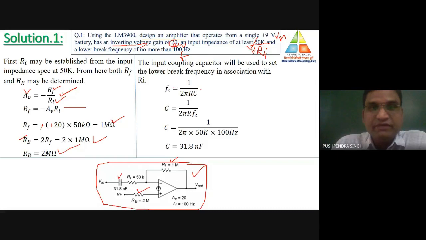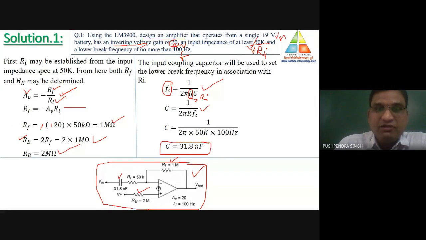So break frequency is equal to 1 by 2 pi RC. Now FC is given. Already the value of resistance is given. Resistance is here as input resistance. Then you may easily calculate the value of C. C will be equal to 1 by 2 pi R into FC. After substituting, this will be the value of the final capacitance.